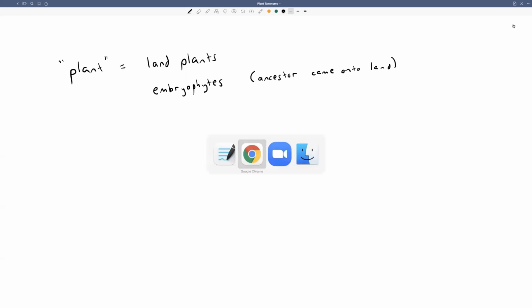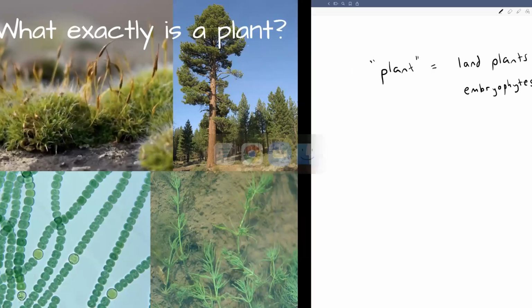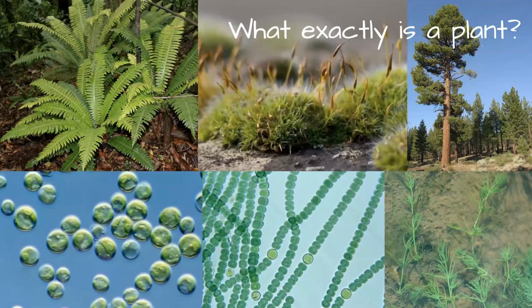A better illustration is to look at images of the kinds of plants we're talking about. Across the top of this image, we have three land plants: a group of ferns on the left, a cluster of mosses in the middle, and a gymnosperm conifer tree.